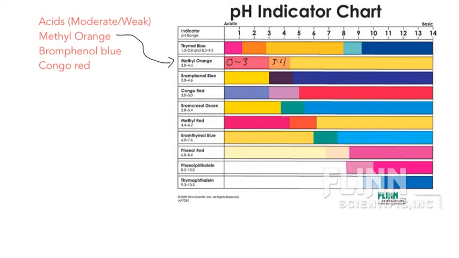So if we know that methyl orange is orange between 3 and 4, it actually brings down our range, and we can actually specify our unknown pH much easier. Same thing with bromophenol blue. We can see it has that really good range right here.